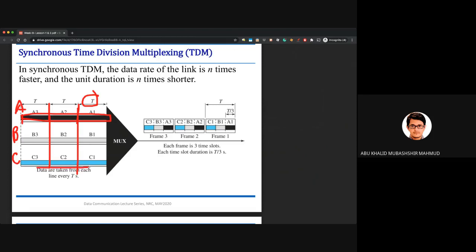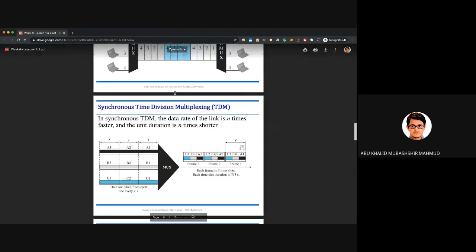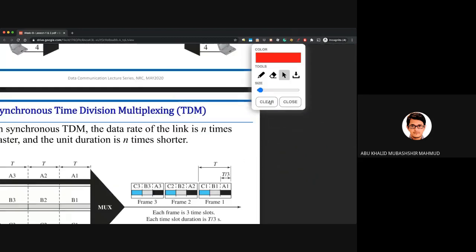So data are taken from each line every t seconds. They are used to separate the data and use them further. So this is what happens right here.